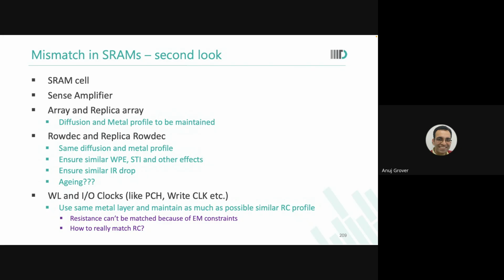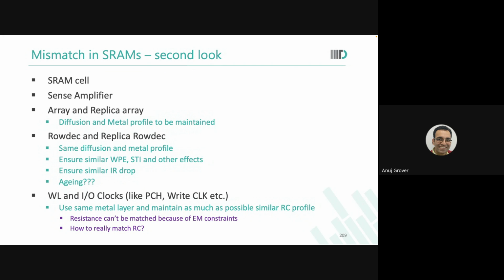Similarly, the replica row decoder has to be very similar to the real row decoder. Now, it's not easy because in a real row decoder, you have those NAND gates and we talked about making 4 rows in one row decoder. But now you only need one replica word line.